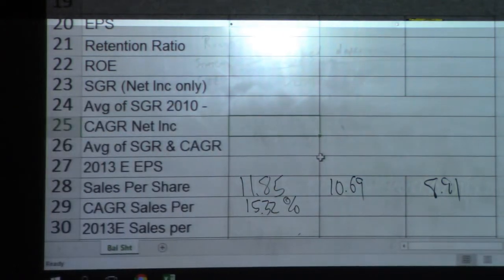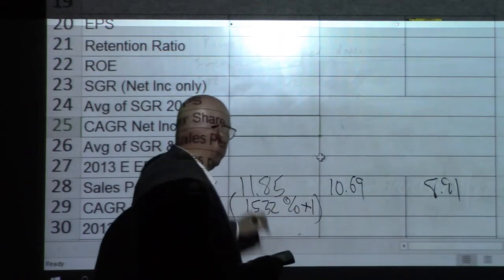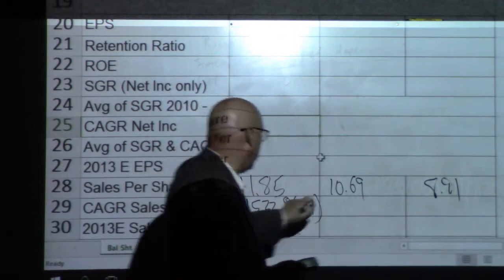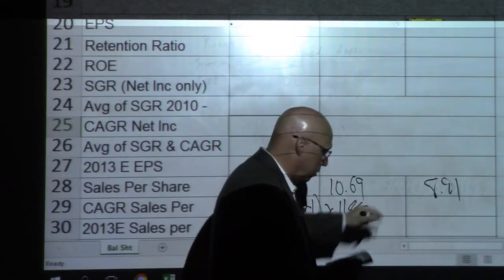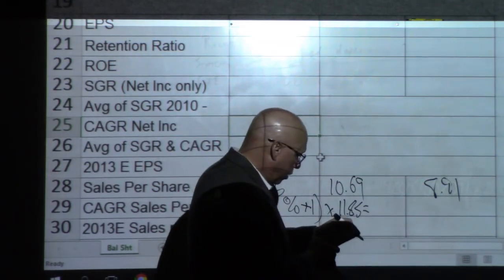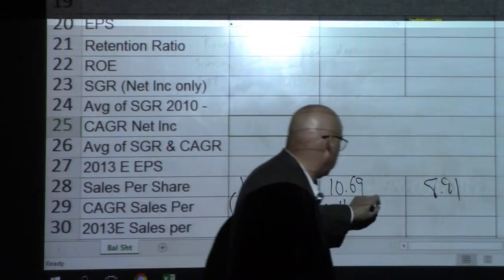Okay? So let's find sales per share, our estimate. So we'll add 1 to this, plus 1. That would be 1.1532 times 11.85, last year's number. So plus 1 equals, times 11.85 equals $13.67.